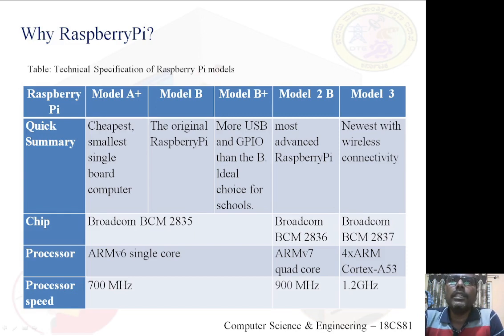Now, when I speak about system on chip, Model A Plus and Model B Plus provide the Broadcom BCM2835 chip, whereas Model 2B has a Broadcom BCM2836, and Model 3 has a Broadcom BCM2837 chip.